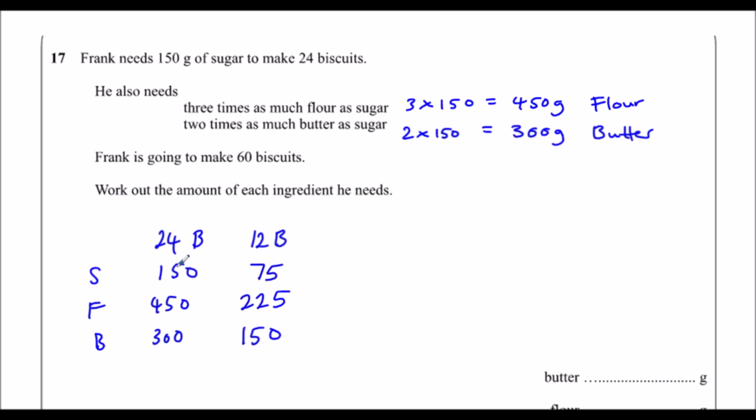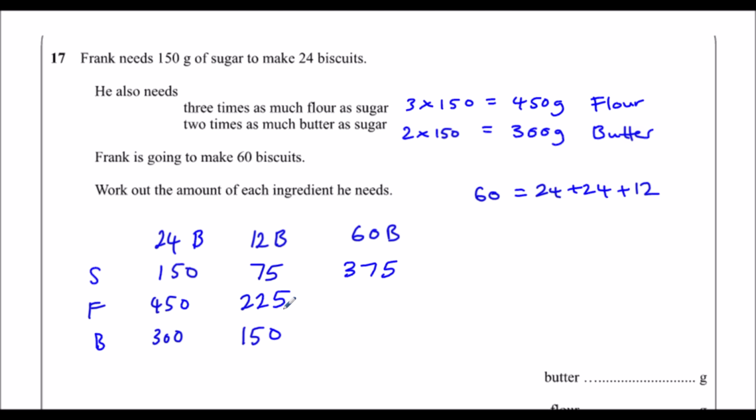So I'm going to do 2 of these. So for 60 biscuits, I'm going to say it's 2 24s. 60 is 24 plus 24 plus 12. So 2 of these plus this one. So 2 150s is 300 plus 75, 375. 2 450s is 900 plus 225.